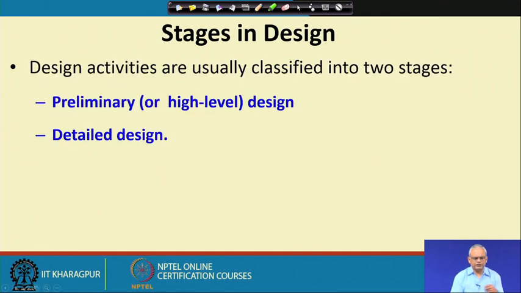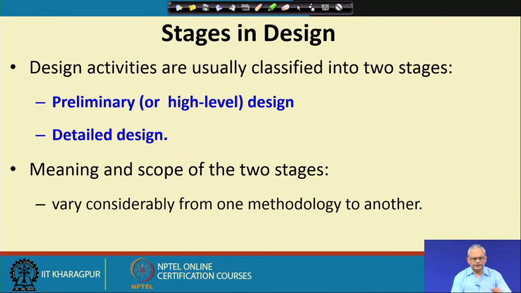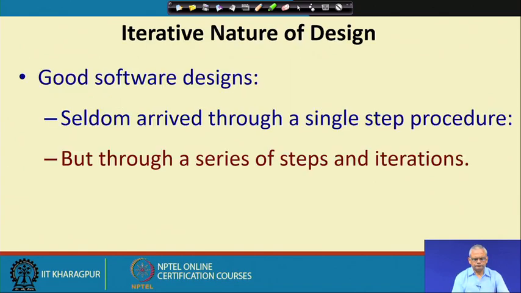Design is a very intellectually stimulating work and we need to do several iterations. So, as we look at the procedural and the object oriented design, we will see that we will have to iterate over several steps, evaluate design alternatives and then we will come up with a good design.